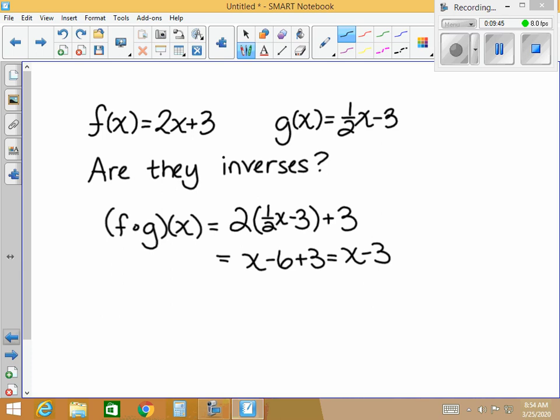What came out of that is something other than plain old x. x minus 3, not okay. x plus 4, not okay. 1/2 x plus 9, not okay. Since this is not equal to plain old regular boring old x, I come back up to my question and I say, no, these guys are not inverses.